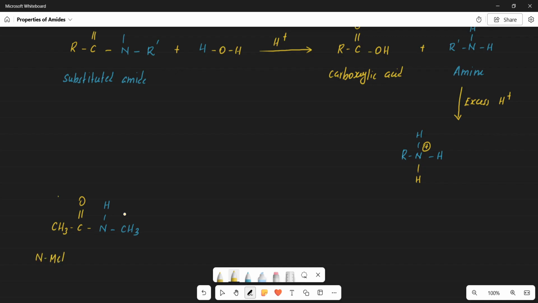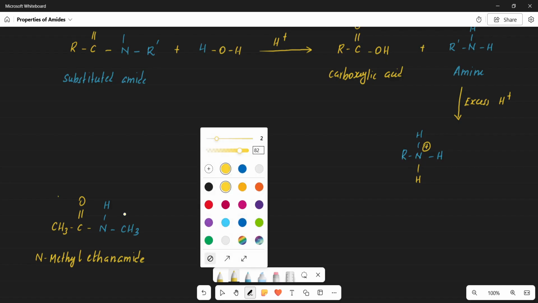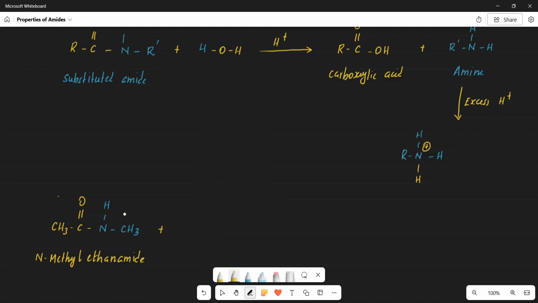So the name can be N-methyl ethanamide. I hope in the previous video we have seen how to name this. Plus water. Again I am writing one of the hydrogens in blue so that I use the same color to get the products.